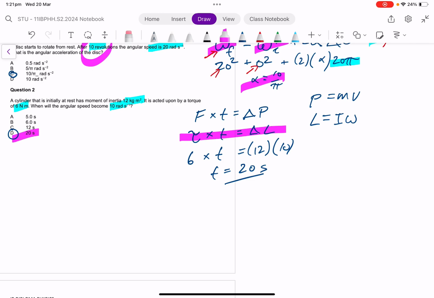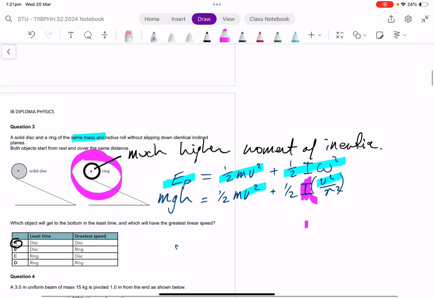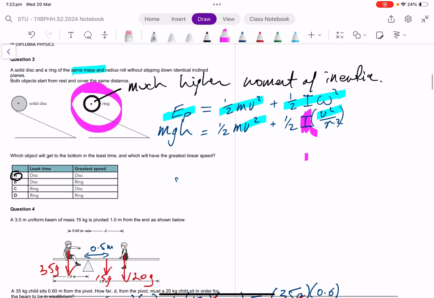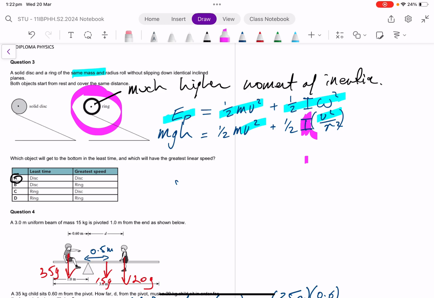A lot of you got the first two questions wrong. They were quite simple. This one here is a little bit trickier, right? This one on the right has the much higher moment of inertia. Now, up until this course, we would have told you that the initial potential energy at the top becomes pure kinetic energy at the bottom. What we now know, though, is because something's rotating, some of that energy is converted to angular kinetic energy.